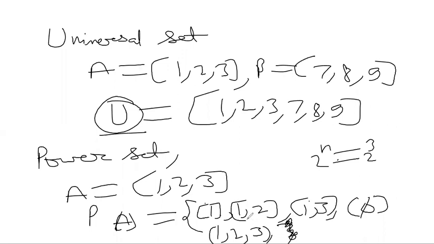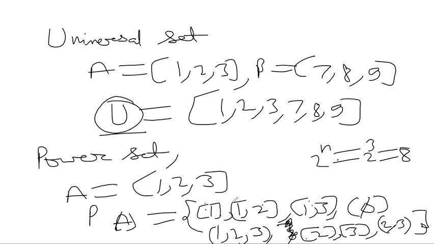What other elements can come? 1 is there, 2 can also come here, let us take 2. 3 can also come, let us take 3. The empty set we have taken. That is 1, 2, 3, 4, 5, 6, 7. One more is left. Have we taken 2, 3? No. This subset we can also take, that is 2, 3. So now it has a total of 8 elements, isn't it? 2 to the power 3 is 8.